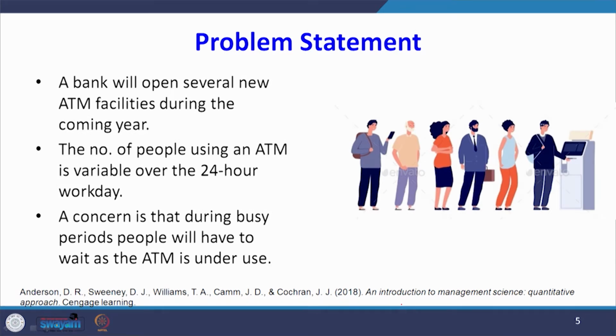What is the problem? As I discussed in the introduction, a bank will open several new ATM facilities during the coming year. See that there is a bank, and people are waiting. The number of people using an ATM varies over a 24-hour work day. A concern is that during busy periods people will have to wait as the ATMs are in use.